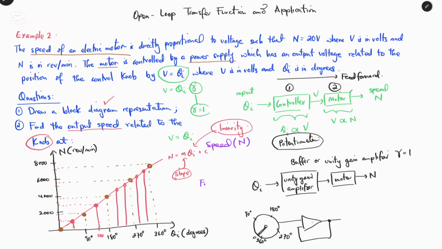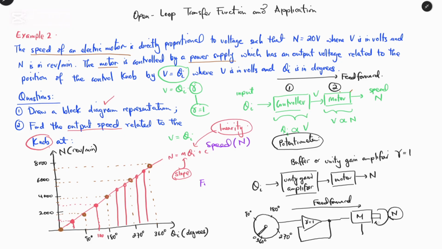That means it has a gain of 1, and to the motor. And this represents the speed of the motor. And this can be our feed-forward system, which controls the speed of the motor.